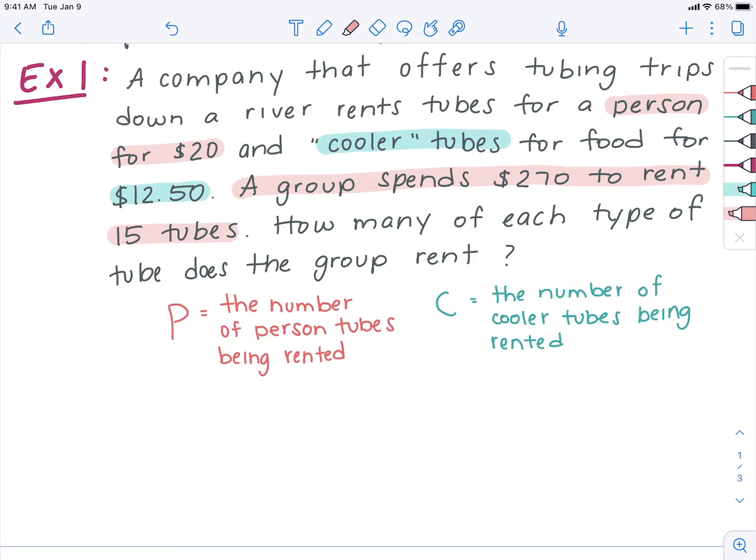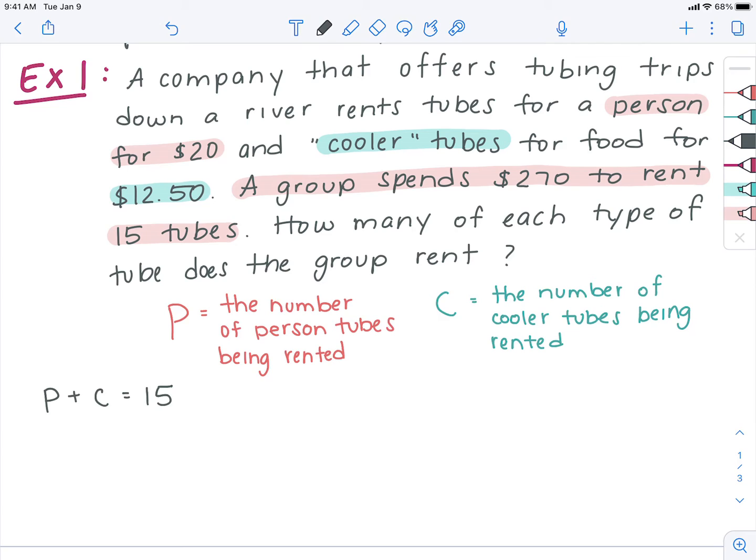If you counted up all the tubes that they rented, they have a total of 15 tubes. So if I took my person tubes and my cooler tubes, I'm going to get 15 tubes. That tells me my first equation is going to be P plus C, right? The number of person tubes plus the number of cooler tubes equals 15.